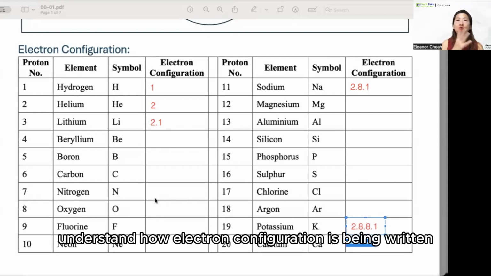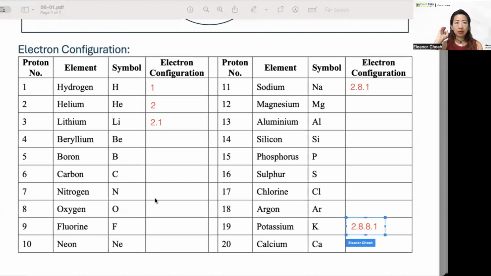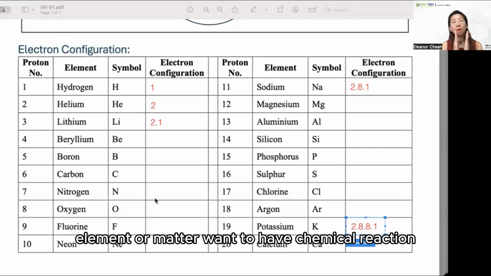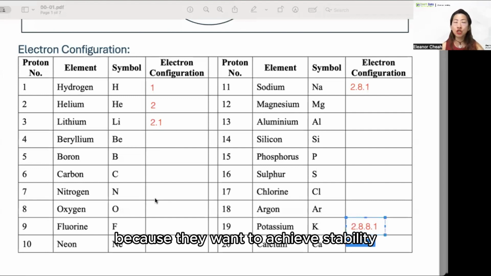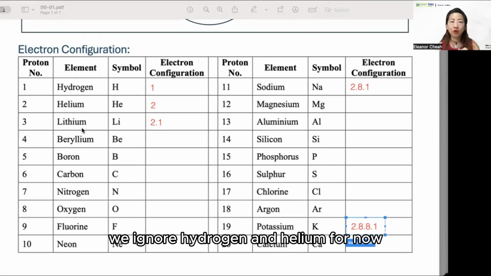Understanding how electron configuration is written is important for us to know how to write the ion of that element. Let's recap. Why do elements or metals want to have chemical reactions? Because they want to achieve stability. Starting from lithium, we ignore hydrogen and helium for now.